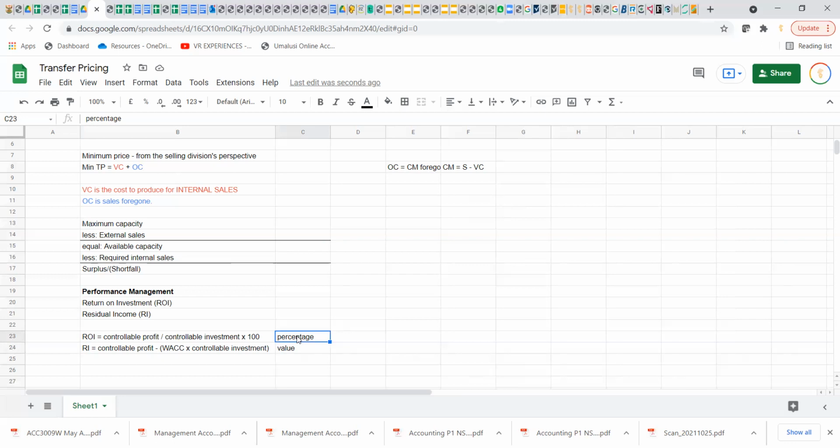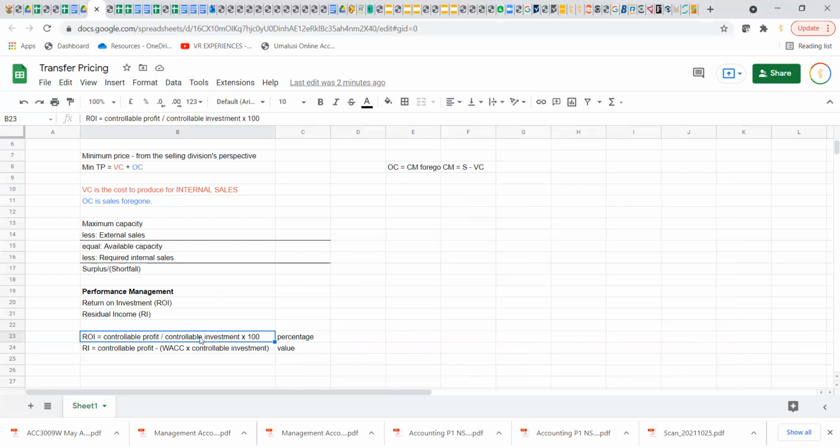Now, one of the most important aspects here is to be able to calculate controllable profit and controllable investment. So what is the word controllable? You must only include, for profit, income and expenses, and for investment, assets and liabilities that the manager can control.